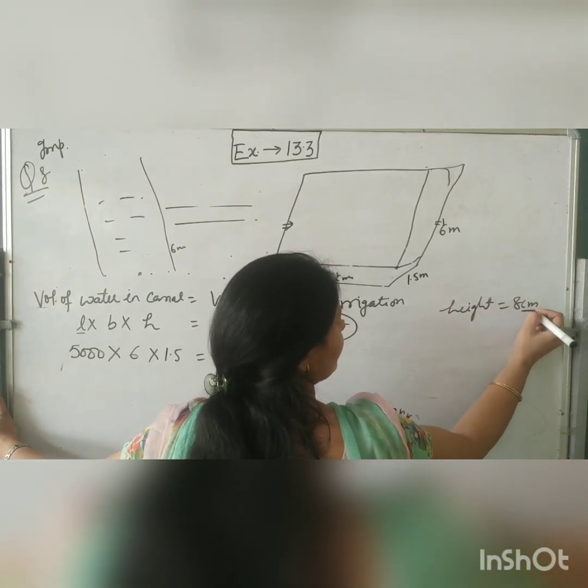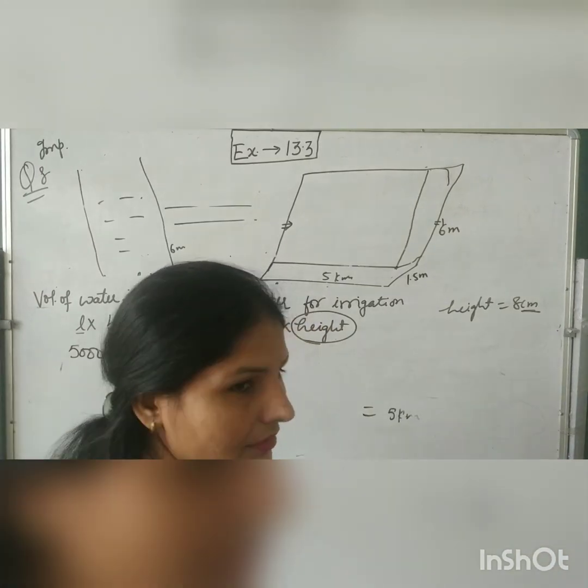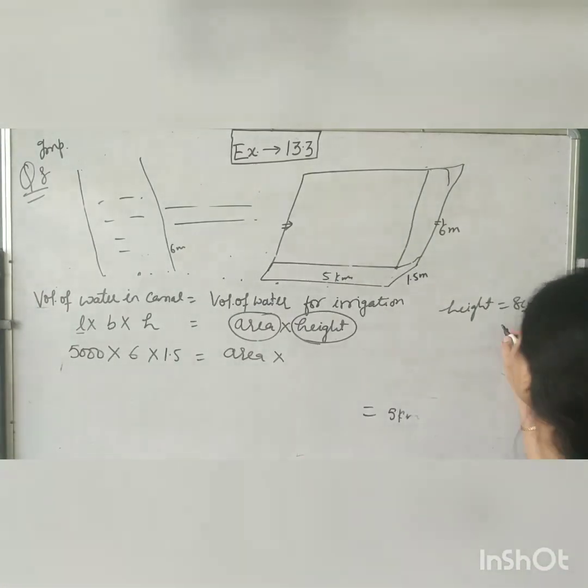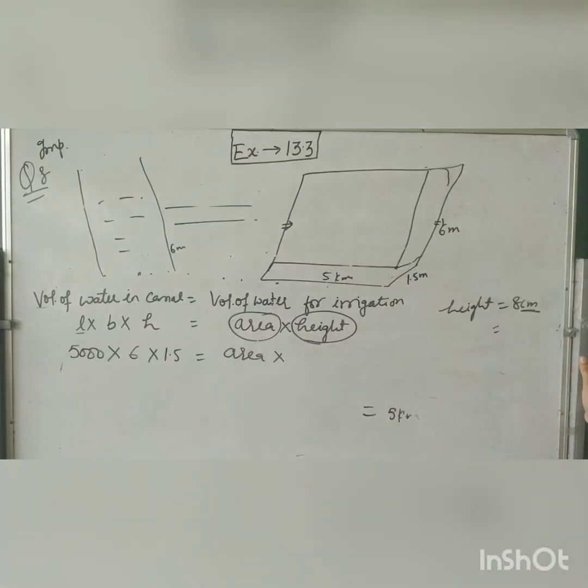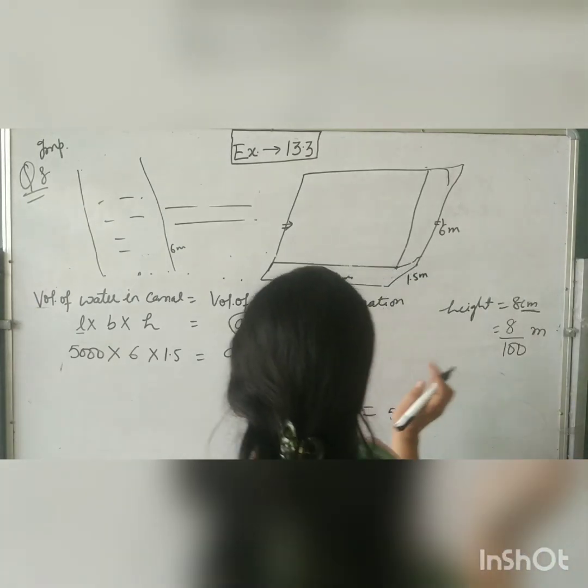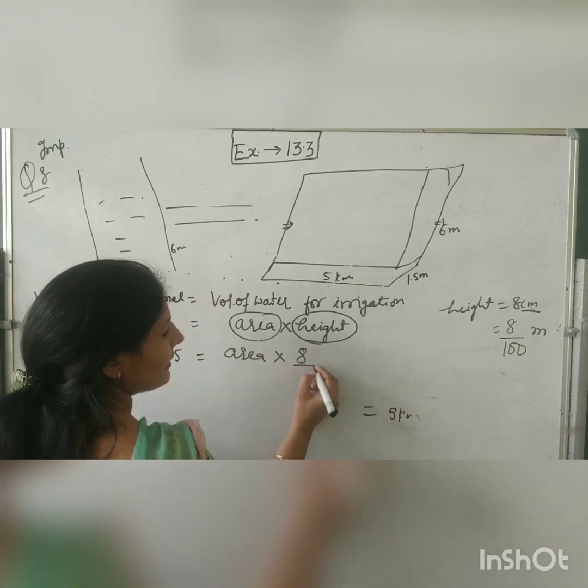So it is in centimeter. Again we have to convert it into meter. To make the units the same, we have to change it, divide by 100 meter. We will use it here: 8 by 100 meter.